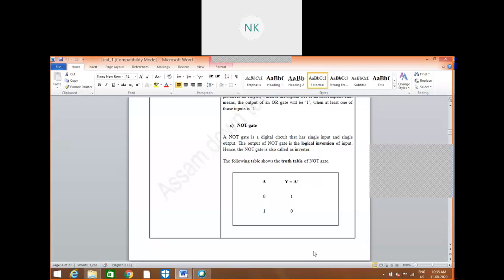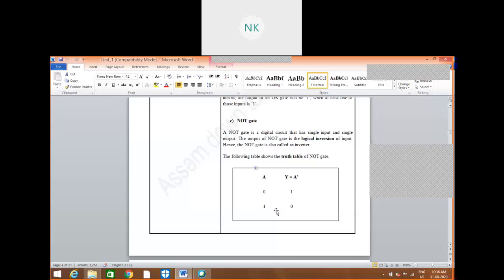It means logical inversion of the input. The output of the NOT gate is the logical inversion of the input. If you give 0, the output will be 1. If you give 1, the output will be 0.